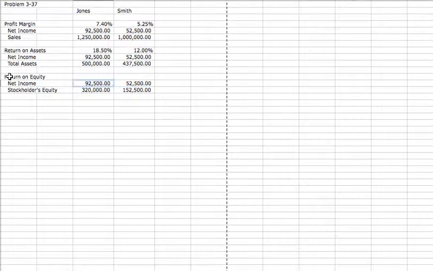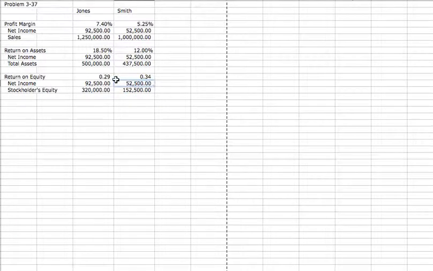And now, based on this information, we can calculate our return on equity for each, which is simply net income divided by shareholders' equity.